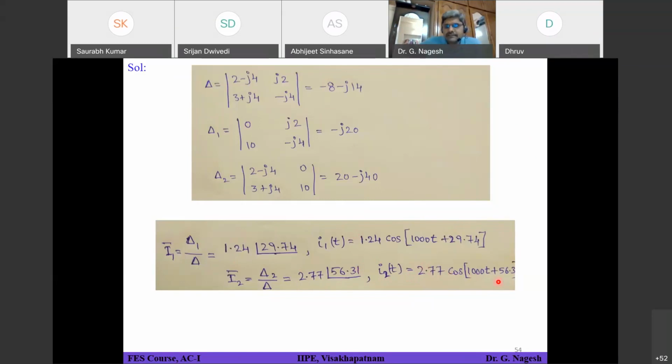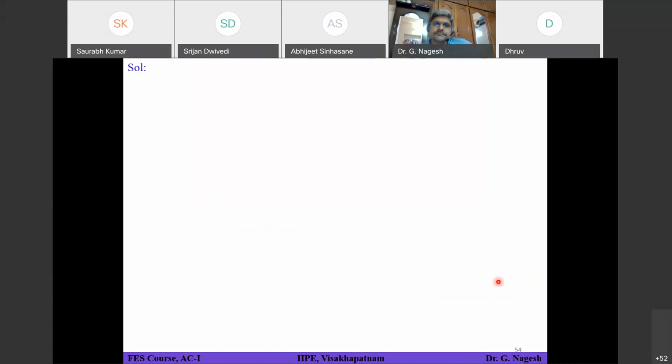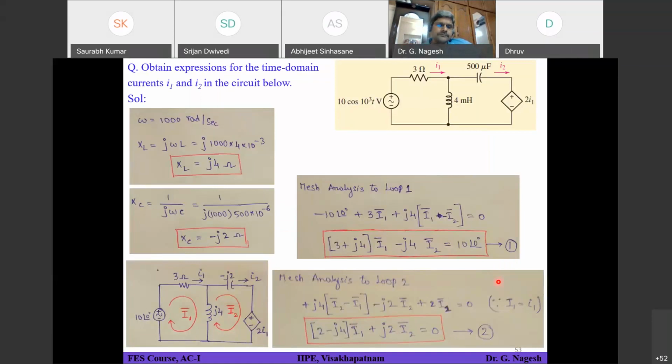So similarly you can get I1. In the circuit, the I1 phasor direction and the current I1 are the same, so I1 can be straight away converted into time domain. So you can write an expression for I1, and also for I2.